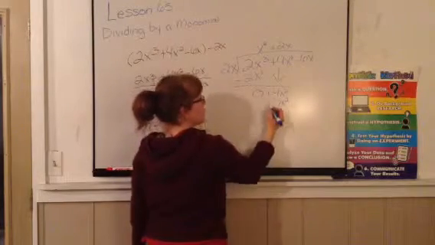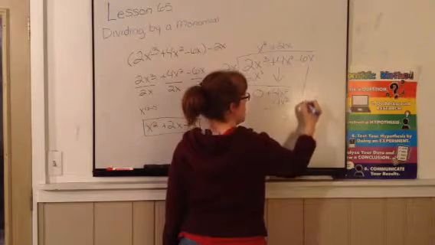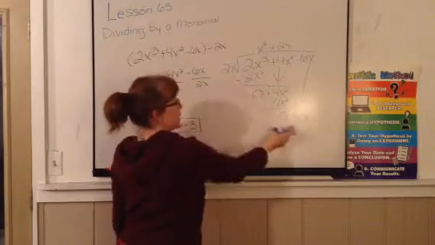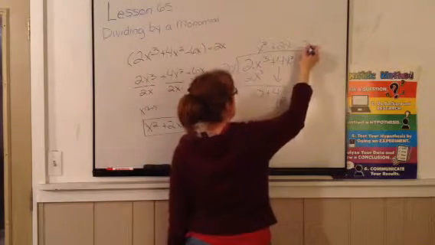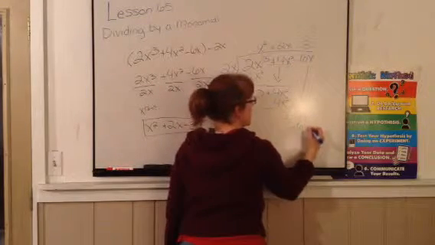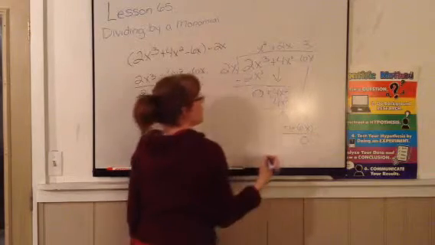Okay, I'll subtract that. That gives me a 0. Now I have minus 6x. How many times will 2x go into negative 6x? Negative 3 times. So negative 3 times 2x is negative 6x. Now subtract that, and that gives me 0.